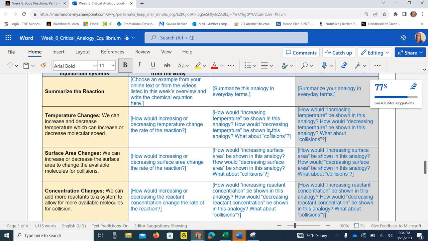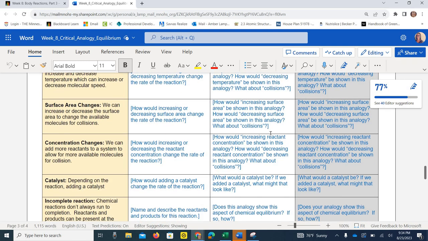So my example of that would be, instead of people standing on the escalator, we could have people actually running up the escalator and running down it. The people have more energy, they're moving faster, and that's going to cause them to potentially have more collisions. So that's my analogy in terms of the temperature change.